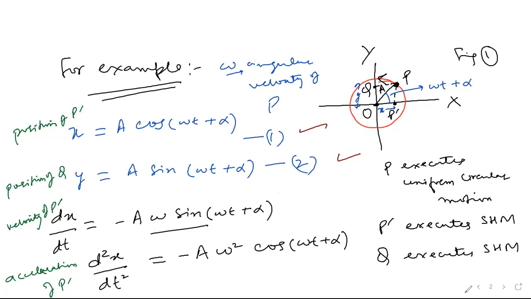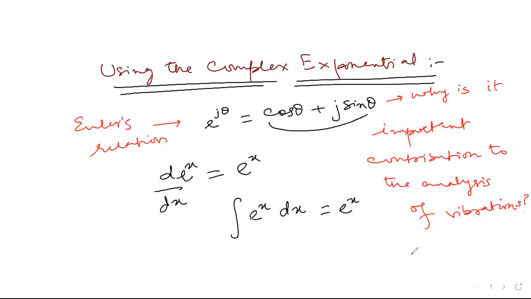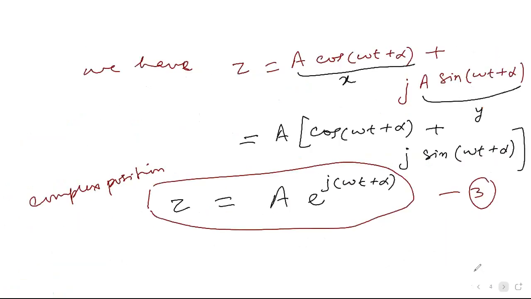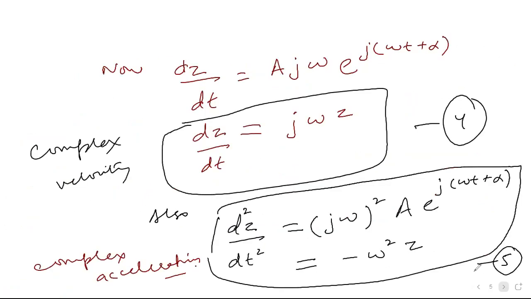Now, to use Euler's relation and the complex exponential, we take both of the oscillations, but in actuality, we are discussing a single oscillation. Then at the end, we throw away the imaginary part of our z, dz by dt and d2z by dt2.